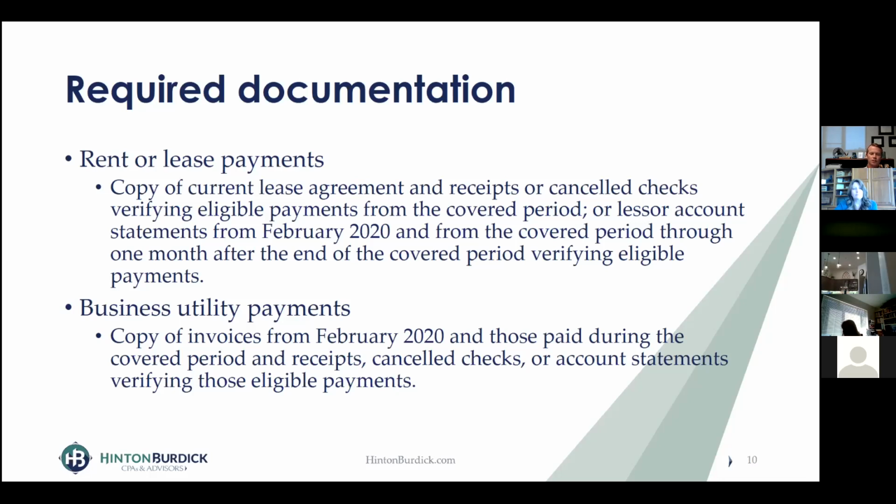So as far as documentation for business utility payments, we will need to show invoices for the utilities paid and a copy of the canceled check. And for rent or lease payments, we will need to provide a copy of the lease agreement and then also a canceled check showing the payment was actually made during the covered period.